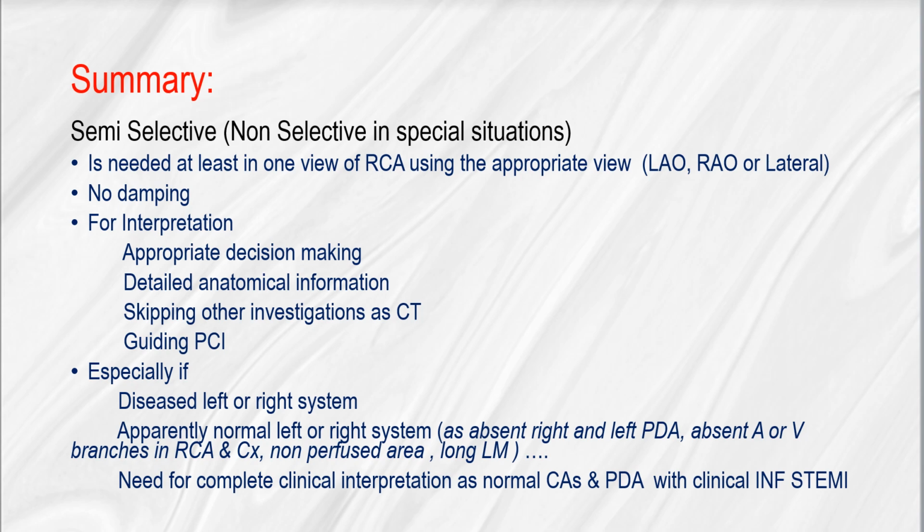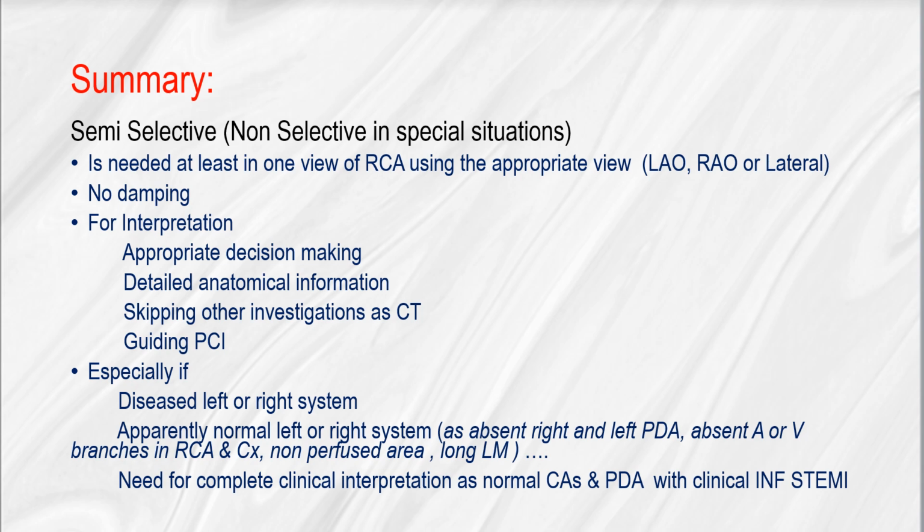Summary. In RCA injections, there should be at least one semi-selective view, and in some situations non-selective injections, using the appropriate view, LAO, RAO or lateral, without damping or ventricularization of pressure.